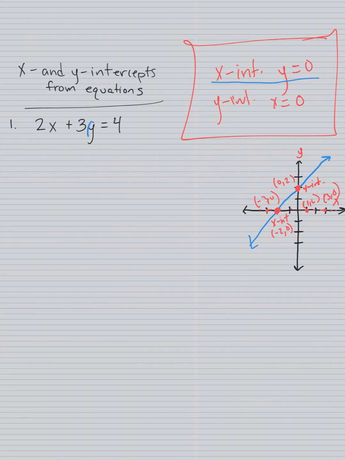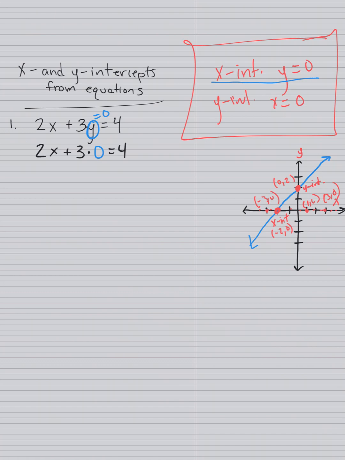So I replace this y in my equation with 0. Similar to how you would check solutions by plugging everything in. So I have 2x plus 3, and again, remember 3y means 3 times y. So now I've got 3 times, we're replacing y with 0. Everything else stayed the same.